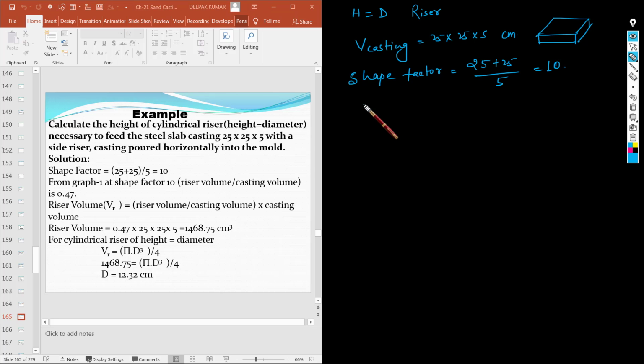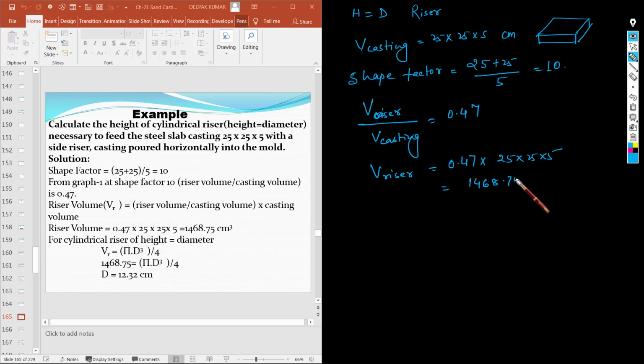So we are getting volume of riser first. Volume of riser divided by volume of casting is 0.47. So volume of riser is equal to 0.47 into volume of casting, that is 25, 25 and 5. That comes to 1468.75 centimeter cube.